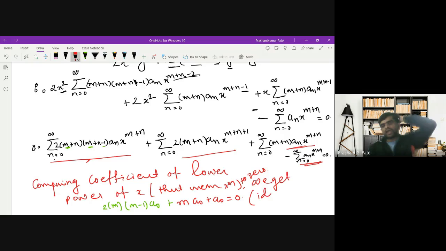It is called the indicial equation that we already discussed. We have to calculate what are the roots of this indicial equation. A0 is non-zero, that we are assuming.